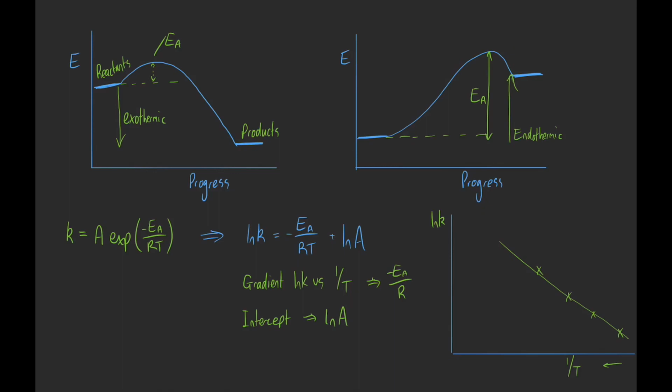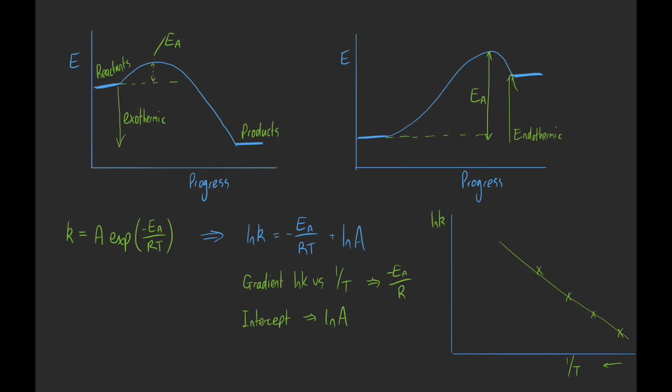We can also rearrange this expression in such a way that looks very similar to something that we've dealt with before in this course, and that is the Clausius-Clapeyron equation. If we make measurements at two different temperatures, we can relate the rate constants at those two temperatures.